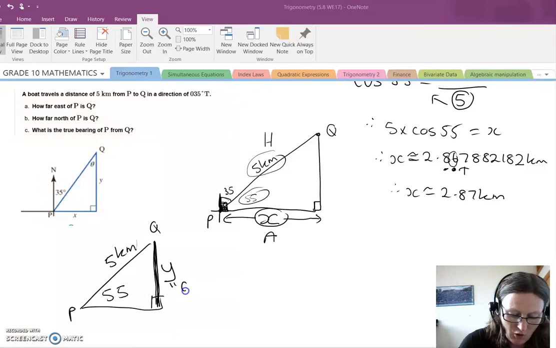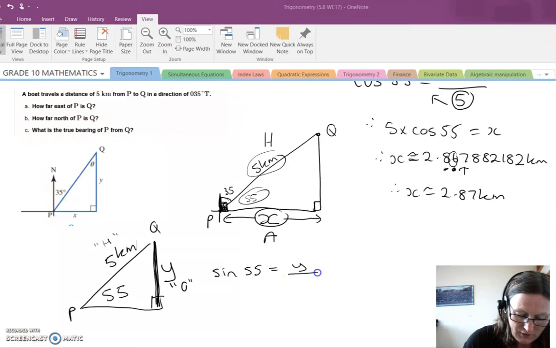So this is opposite to the angle, and this is the hypotenuse, so we use sine. So the sine of 55 is equal to opposite over hypotenuse.